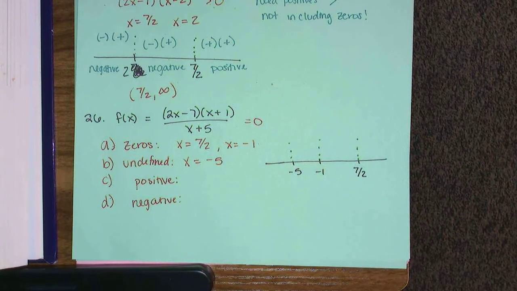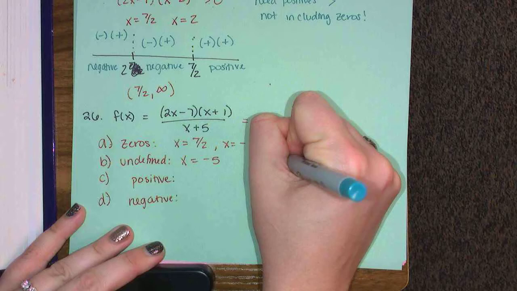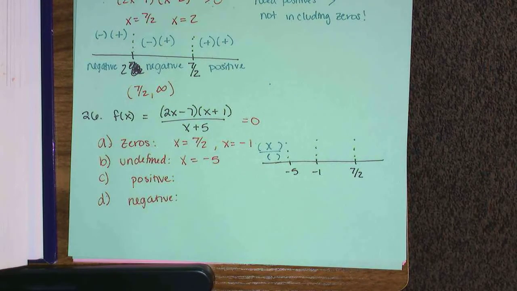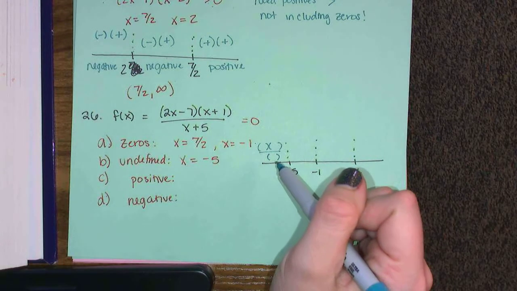In these ones now, when I'm plugging in values, I have to consider the top and the bottom. So when I fill this stuff in, it's going to look like that. Picking a number somewhere over here, what happens at each spot?